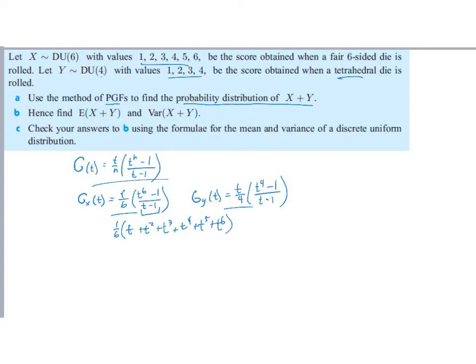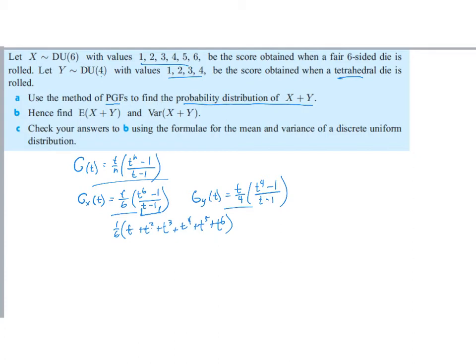Go back and remind yourself of that if you can't remember why. This was just a geometric series of terms from 1 to 6 added together: 1/6 t, 1/6 t squared, 1/6 t cubed. If not, go back and look at the video where I show how to get the PGF of a discrete uniform variable, and you'll see this.